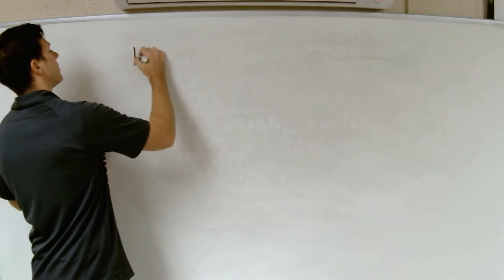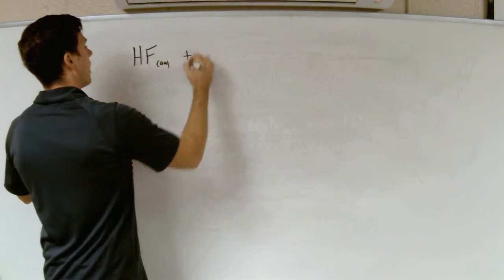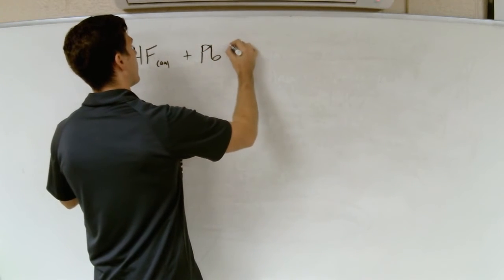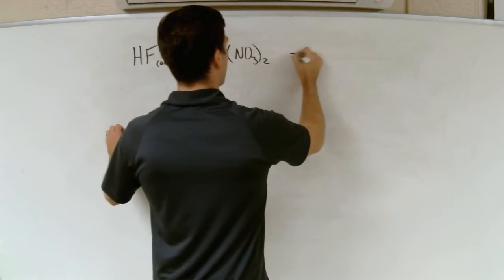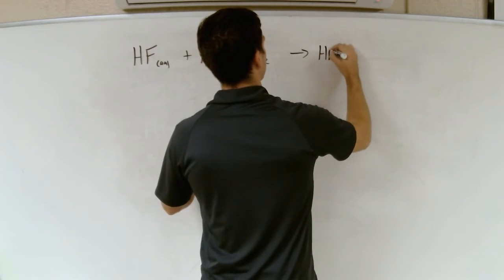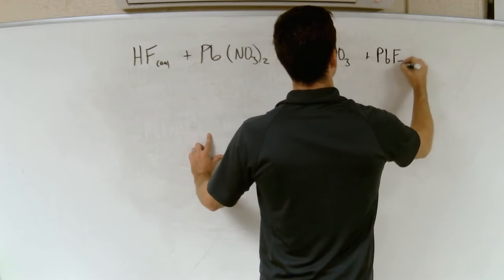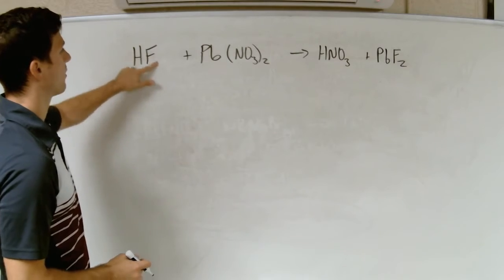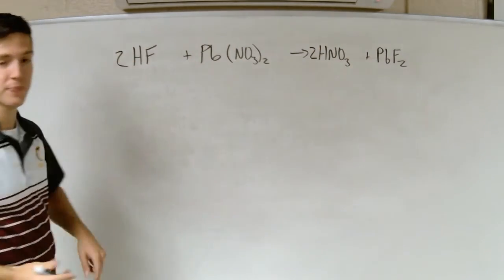So let's say we have HF (aq) reacting with lead nitrate, and it will form nitric acid and lead fluoride. I'm not going to put an aqueous there. I want you to figure that out on your own, and then I will balance this, okay?